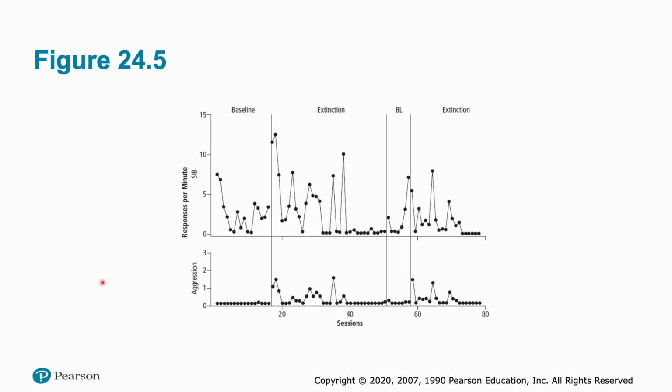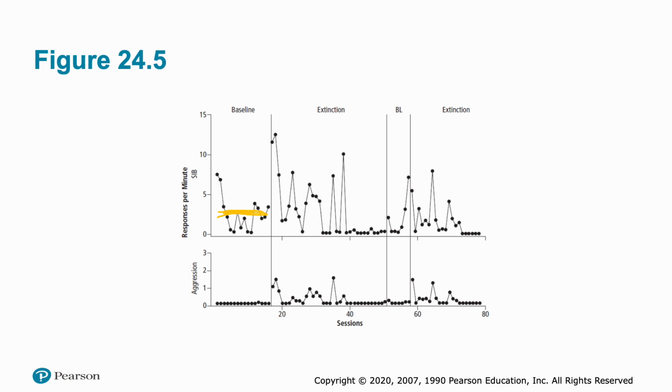Okay, and here we have another example of extinction being implemented. So let's look at this graph really quick. The graphs I showed you previously were these beautiful graphs, and that's not always the case when we're implementing an extinction procedure, so I want to make sure I highlight this graph. First we have our baseline here, and our level was around here for baseline.